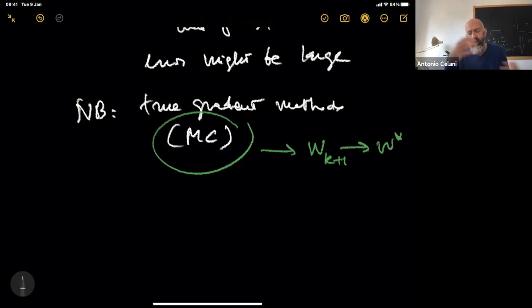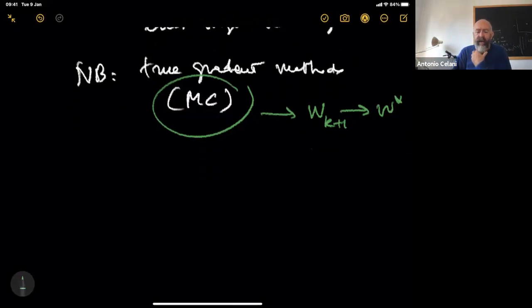Okay? So there's no clear winner here. It depends on the problem at hand, whether one works better or not. But usually, trying with temporal difference errors with semi-gradient methods is a good way to go.